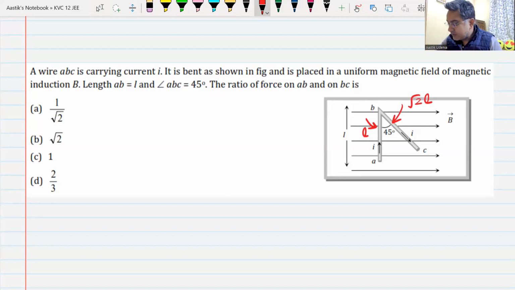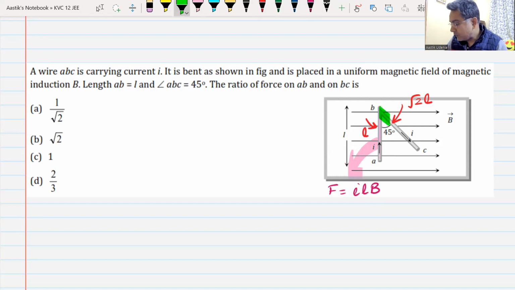Yes, sir. Then if I talk about the force on this pink wire, I'm only talking about the magnitude. The force on this pink wire, F, will be equal to I into L into B into sine of 90. So ILB, yes or no?